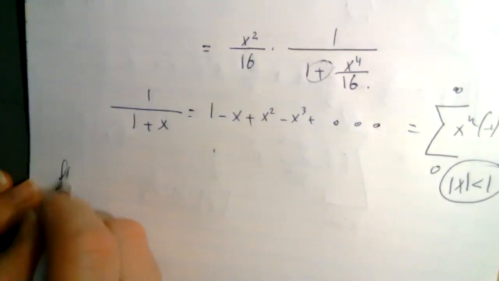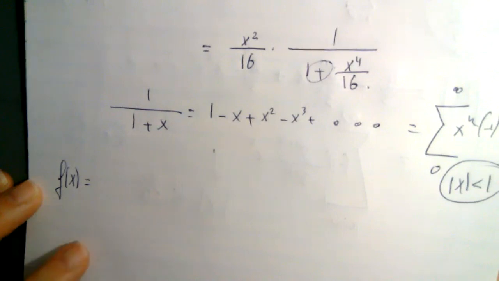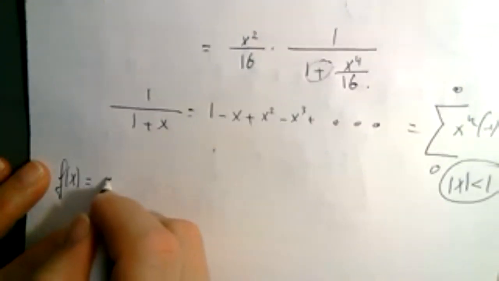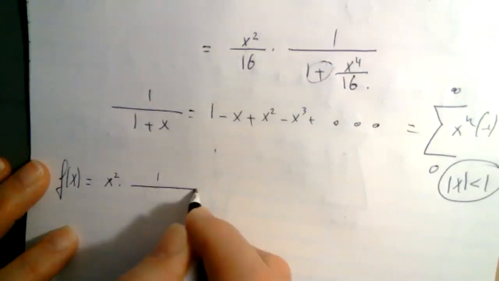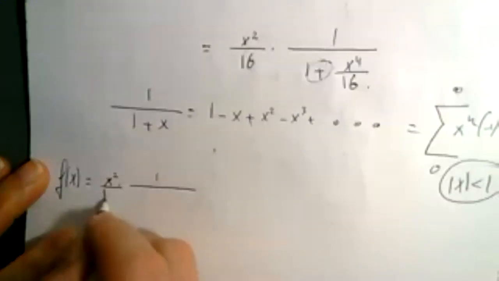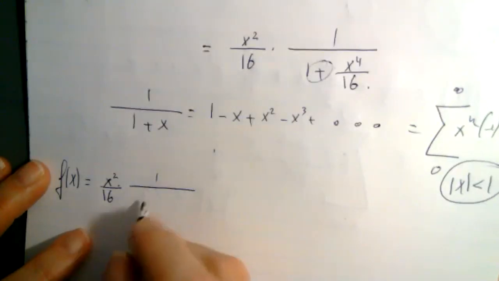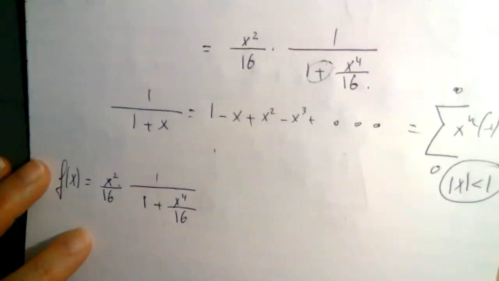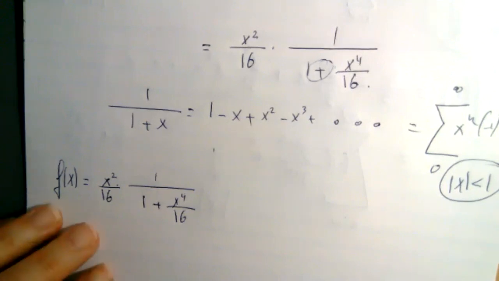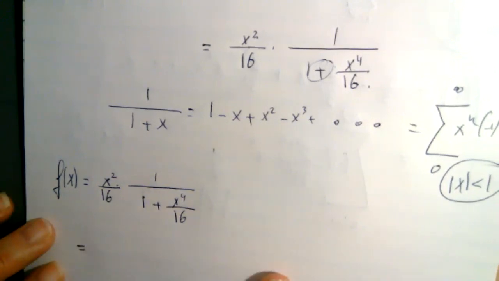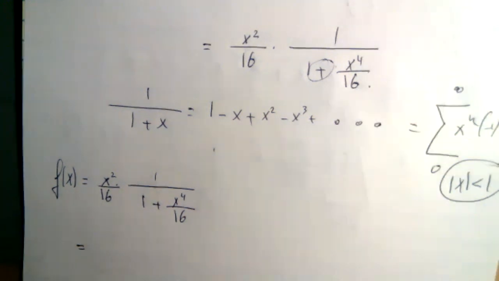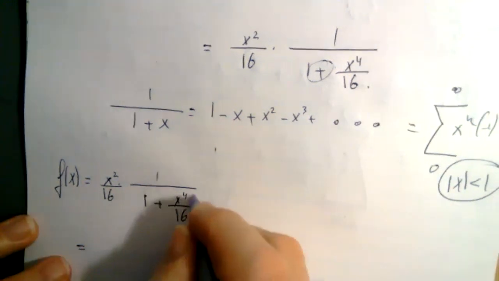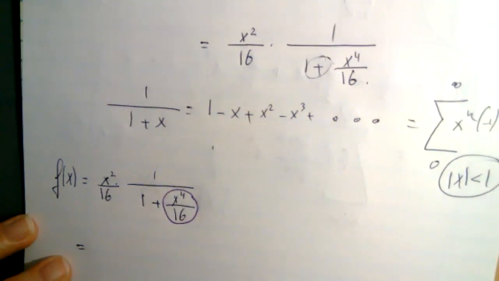So this is my f of x, and it's equal to, after rewriting it, x squared over 16 times 1 plus x to the 4 over 16. Okay, that's the rewriting. And now I'm going to do the substitution verbatim. So now I'm going to substitute this term right here. This is the term that I'm going to substitute for x.